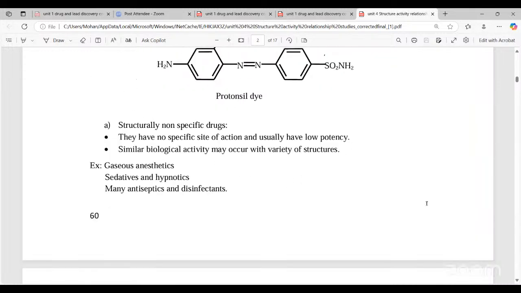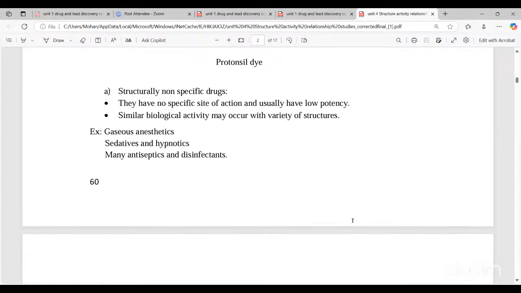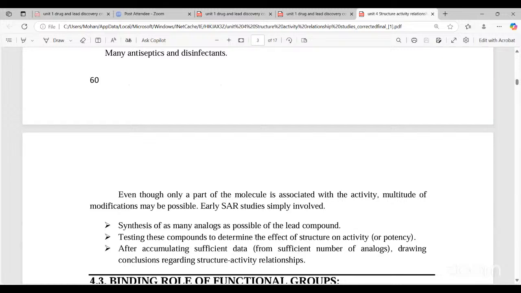Structurally non-specific drugs have no specific site of action and usually have low potency. Similar biological activity may occur with a variety of structures. Examples are gaseous anesthetics, sedatives and hypnotics, many antiseptics and disinfectants.